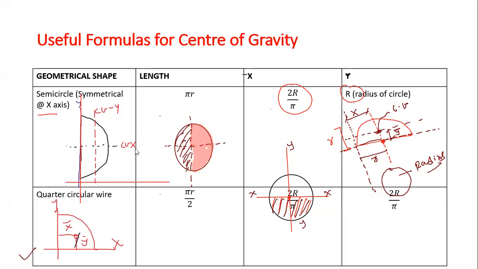Now as we have discussed, this is the center of your geometry. This distance is your x bar, which you calculate by the equation 2r by pi, and this distance is nothing but the radius. You can write capital R or small r, it doesn't matter. Is it clear or not?